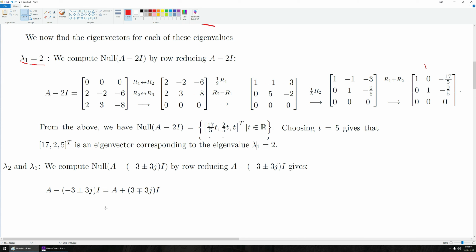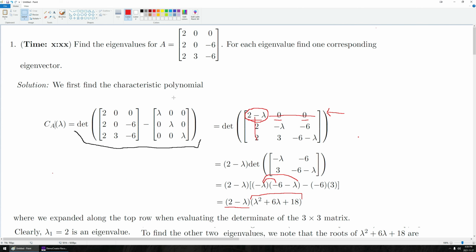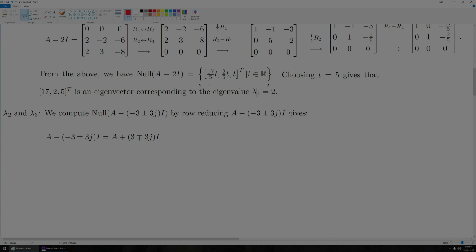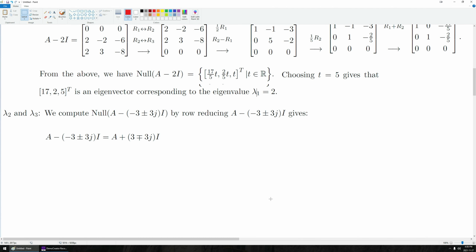Well, let's just plug it in. So if I go back up here and take everything on the diagonal and I add this 3 minus plus 3j, I simply get a new matrix that will be given by this term here. And my goal is to row reduce this matrix. Okay, so going about this, well, this term here is what I ultimately want to turn into one of my pivots.